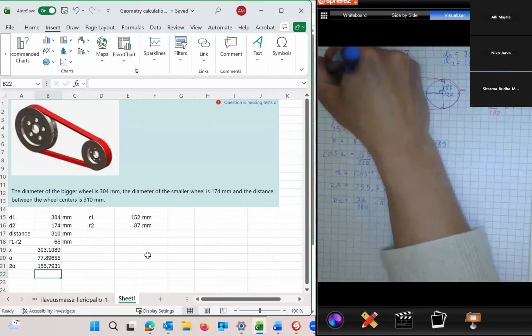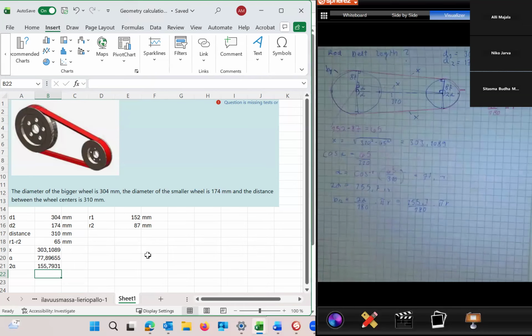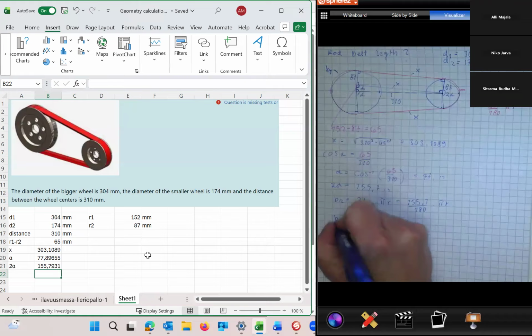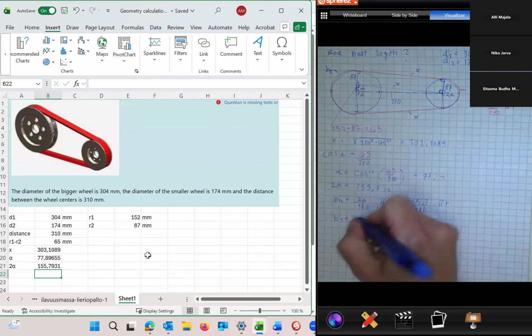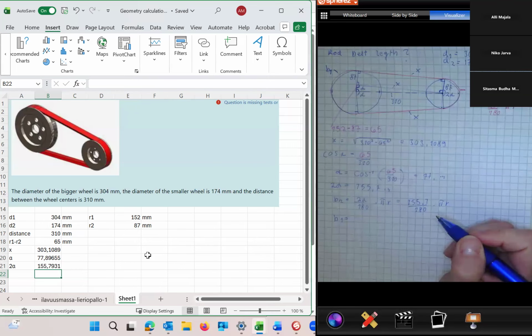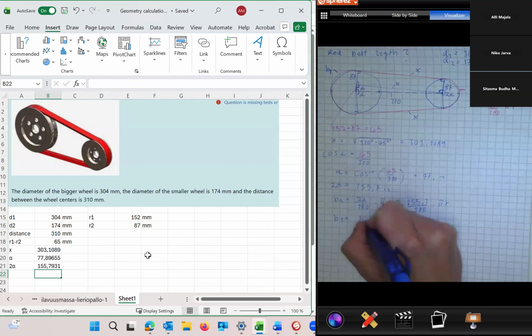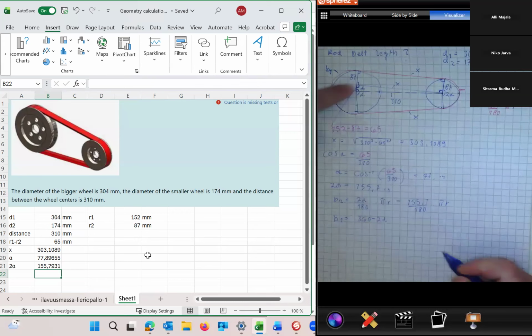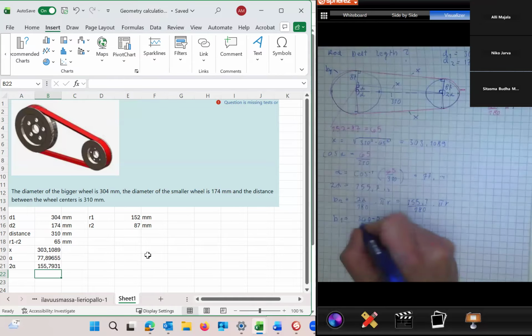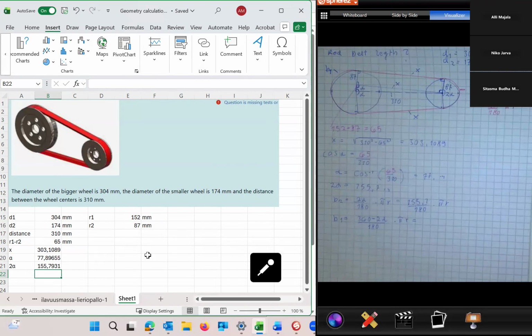And then my B1, if this one was my B2, then it is 360 minus the 2 alpha, because this is what is left. Divided by 180 times PR. And then I can do these calculations in Excel.